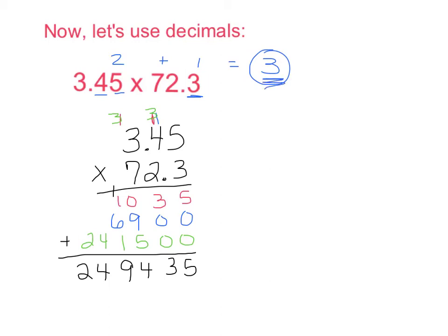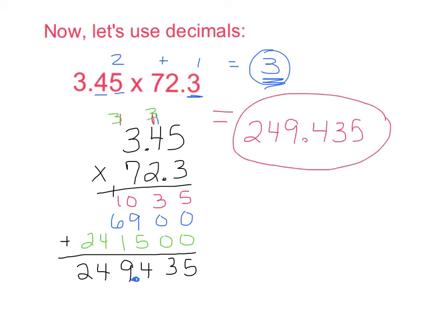So I picture starting here and going over 1, 2, 3 spaces to put a decimal point right here. So my answer will actually equal 249 and 435 thousandths. This is my answer for the problem.